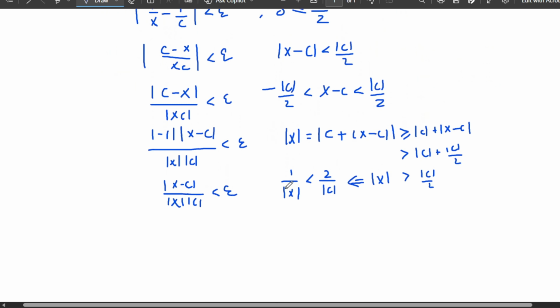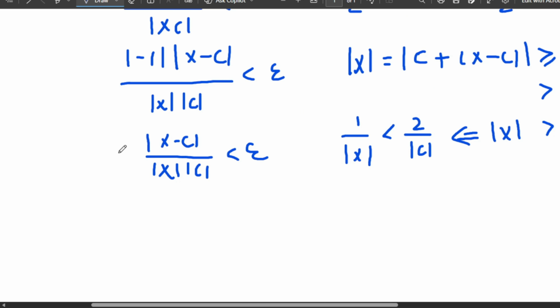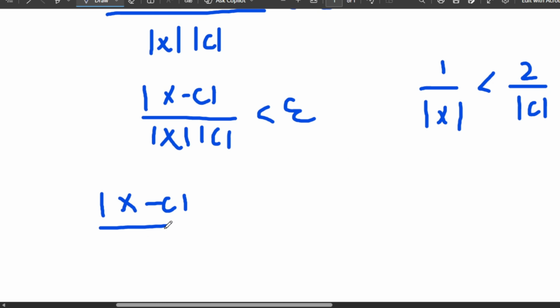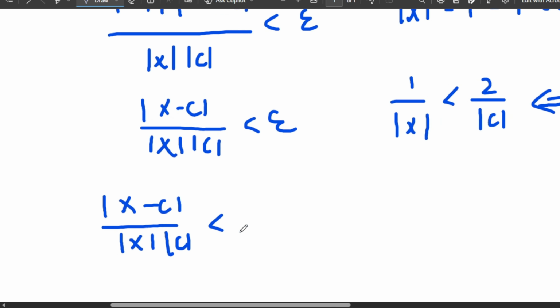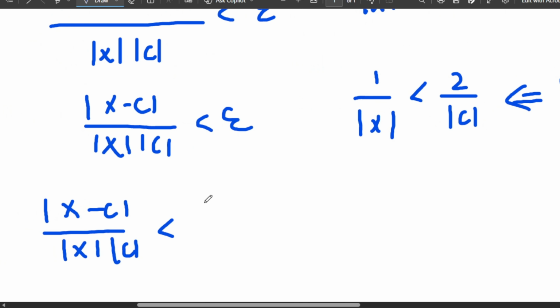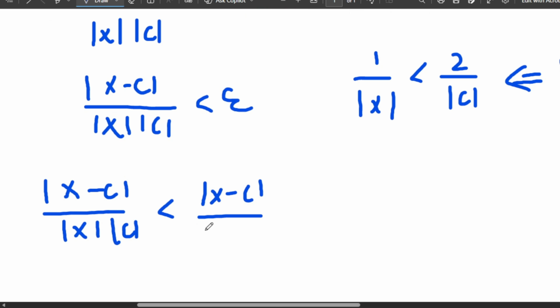Now we have this, right? So we have |x minus c| over |x||c| and apply the bound. Since we know that 1 over |x| is less than 2 over |c|, this must be strictly less than |x minus c| over (|c| over 2 times |c|).